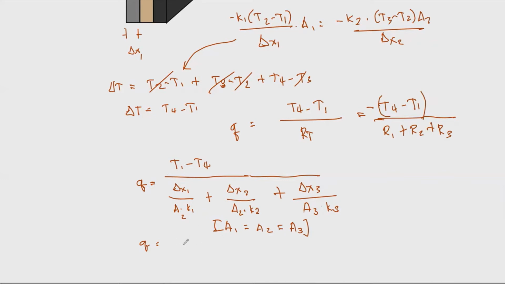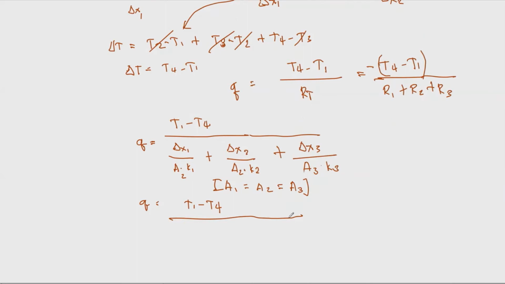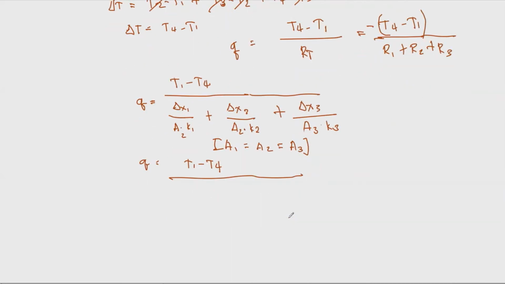So we're left with Q is equal to T1 minus T4 divided by, of course, that is if the problem says that they have the same area, but if not, then don't do it.